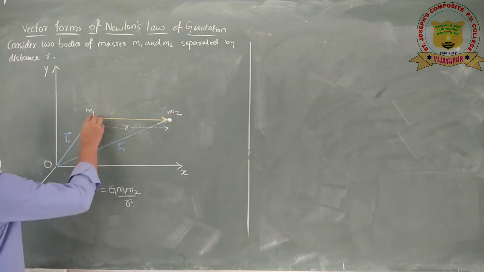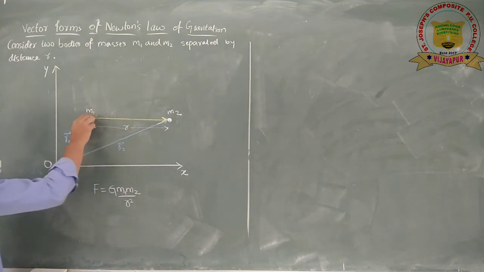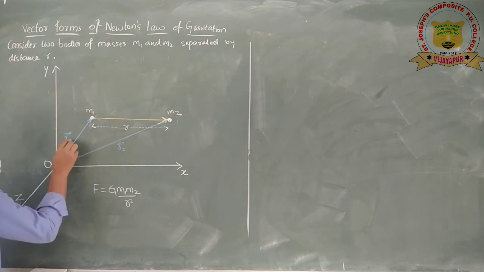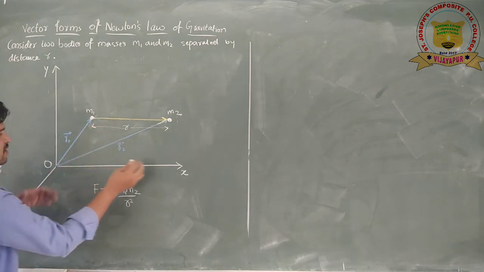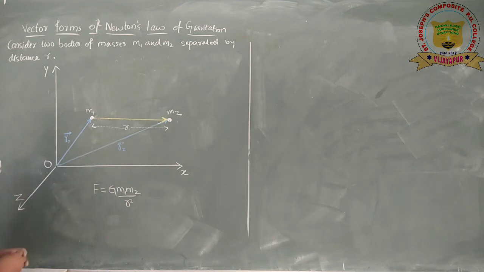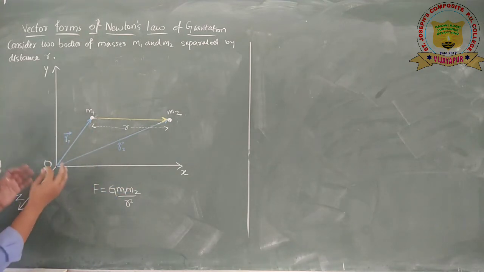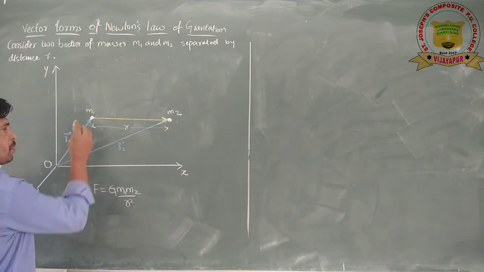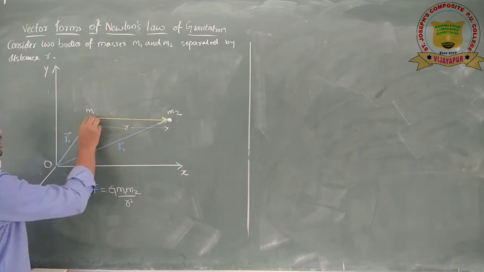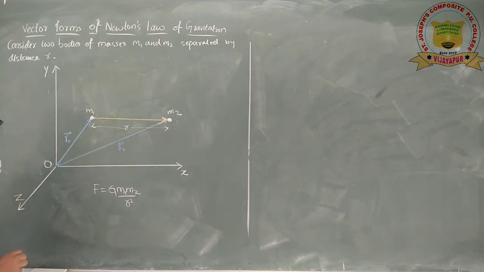Now this m1's position is represented using the position vector r1 in this three-dimensional coordinate system. So this is a three-dimensional coordinate system x, y and z. In this system, the position of mass m1 is represented using position vector r1.